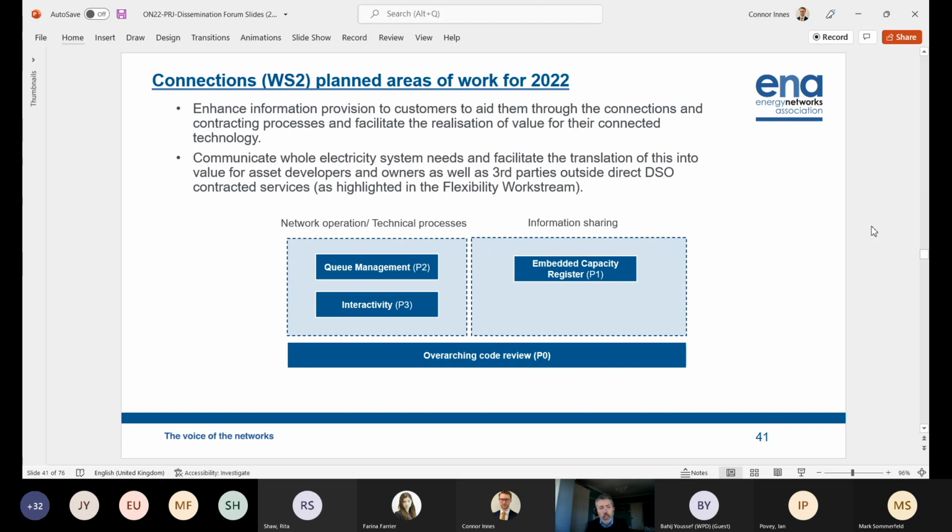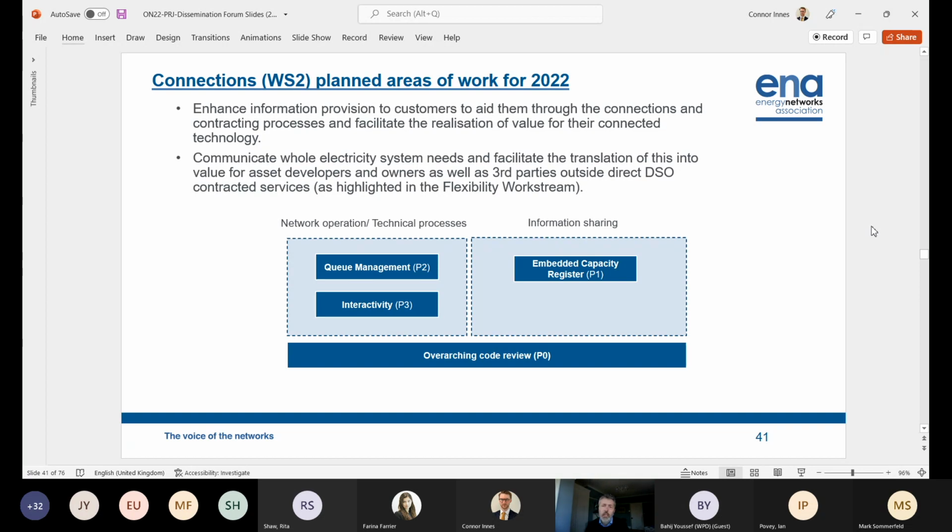Of the 2 examples we've put on there, we've got queue management, which is all about after a connection has been accepted and we've got a capacity constraint in an area of the network, the operation of those connection queues and how that's being standardized.